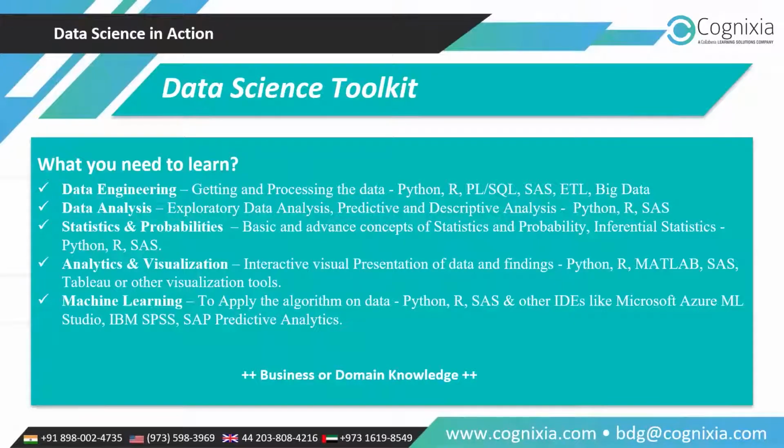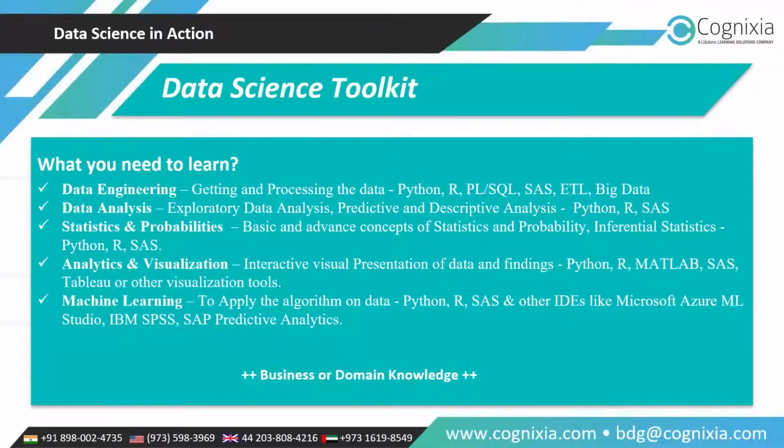You already know the business and you are a data scientist, then it's like half the work is already done. They don't need to explain what our business is. That's why having good knowledge of business or domain will definitely help you.